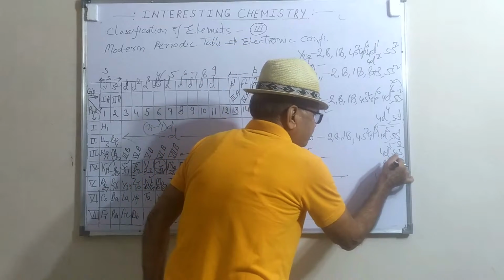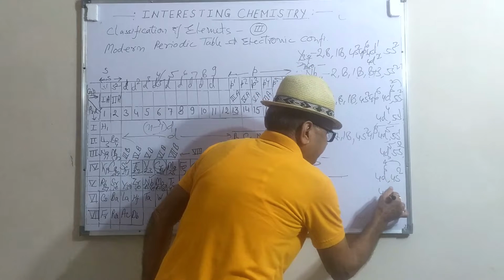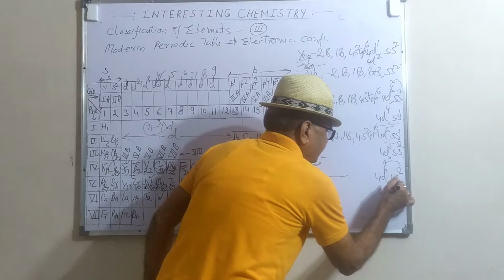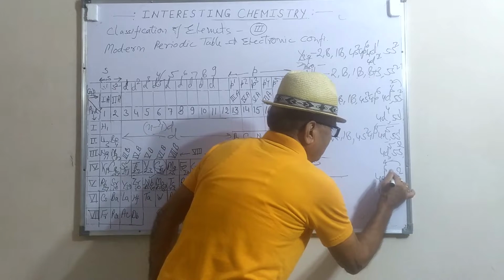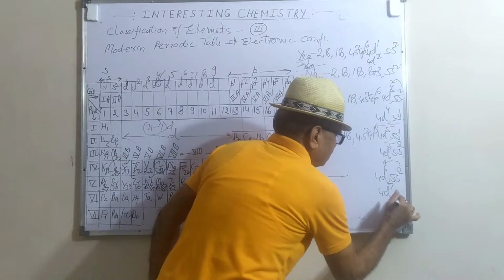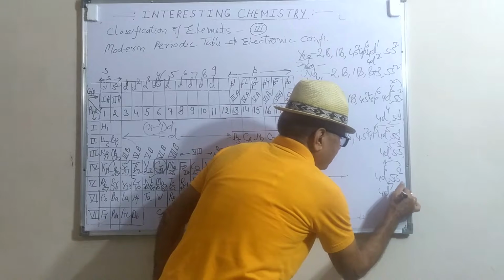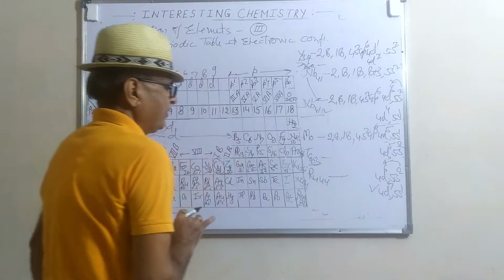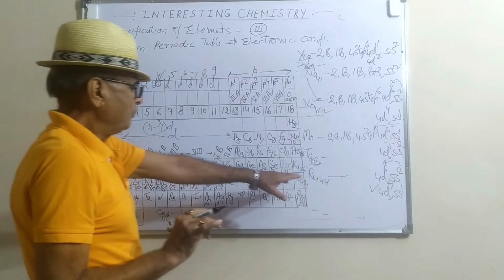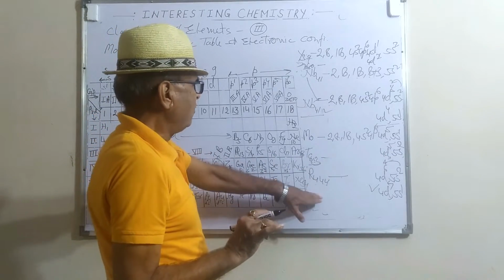One electron is migrated, so you should know 4d7, and this one, sorry, 5s2. So you write here again 5s1.